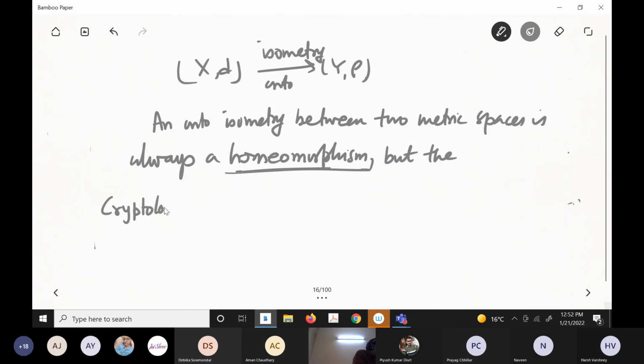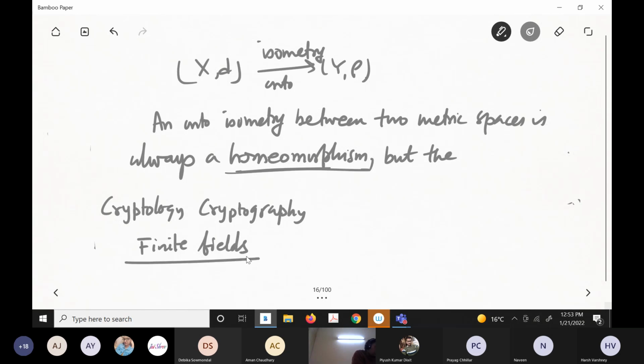Cryptology and cryptography are essentially the same thing. But if you want to do it theoretically, you need to know basically finite fields. There are books specifically on finite fields, and related to that you need to know Galois theory. In fact, field theory, they say, starts with Galois theory.